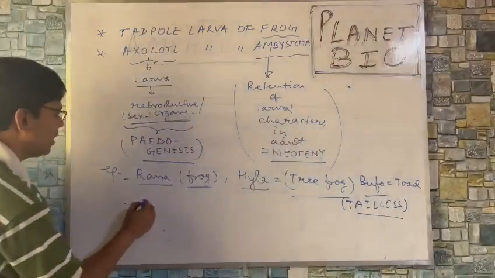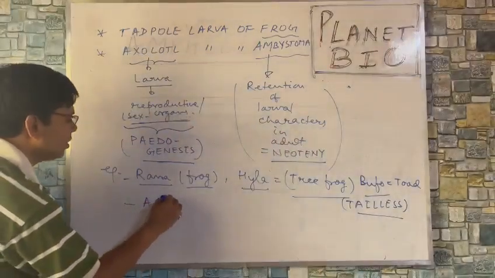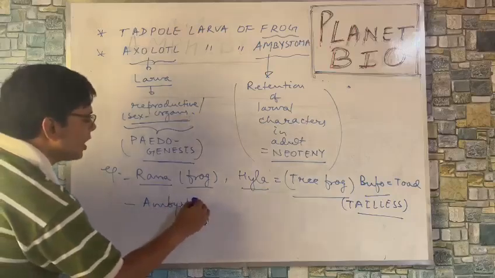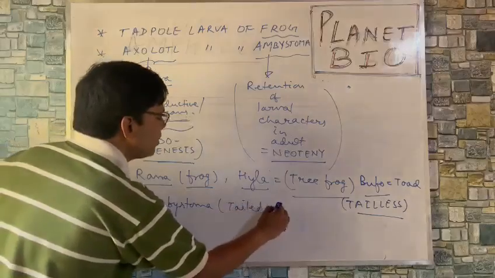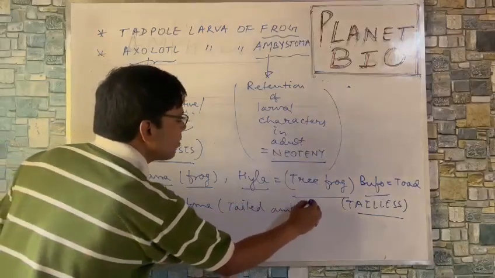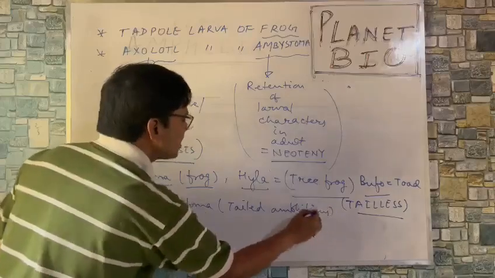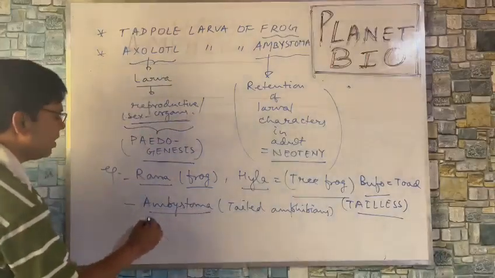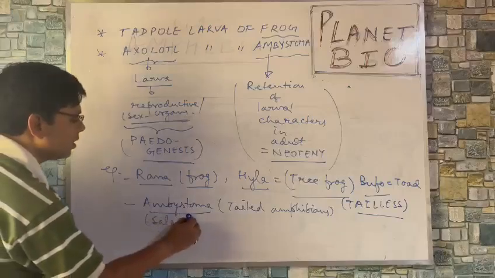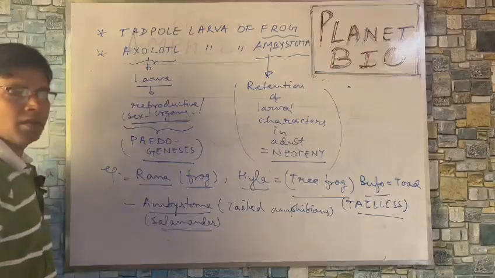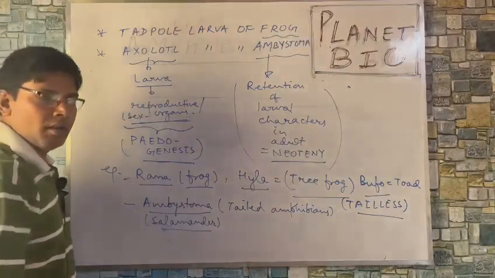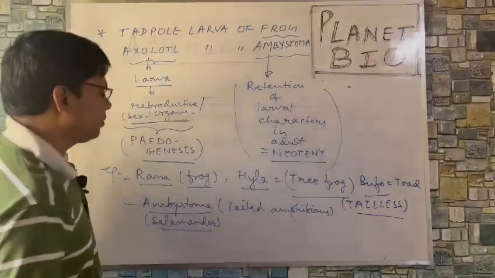And there are certain adult forms which may have tail. They are tailed amphibians, Salamandra. And in the NCERT book you can see salamander or salamandra. It's just like a reptile.